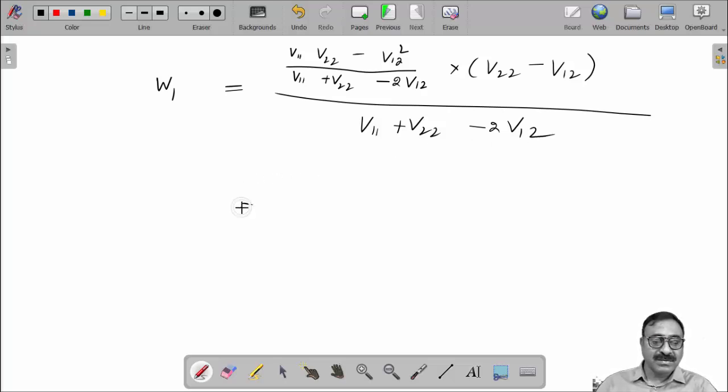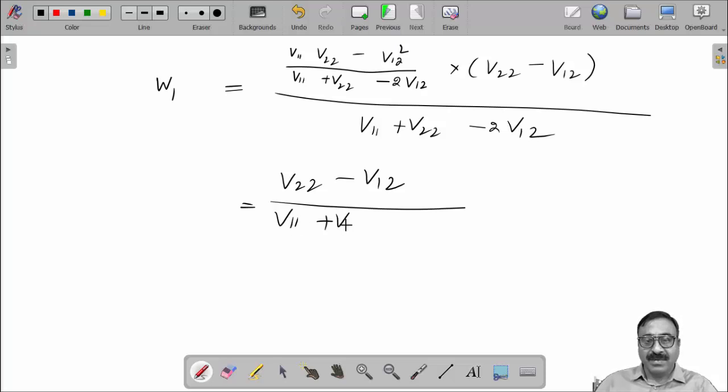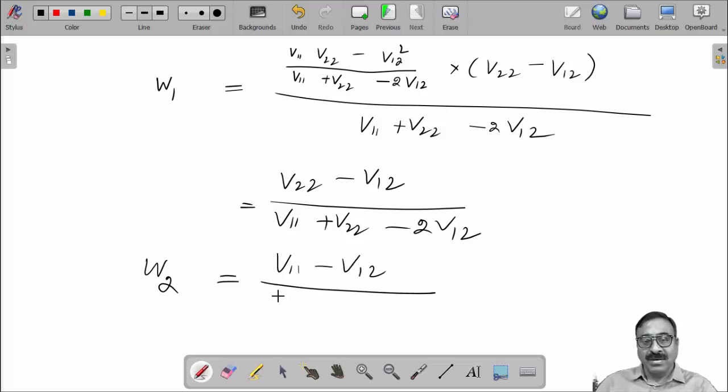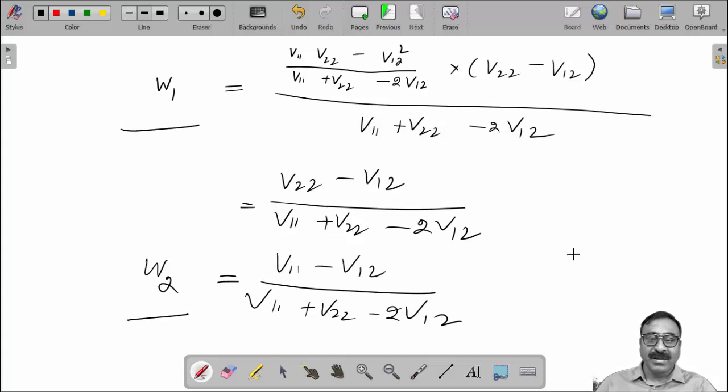So that is equal to V22 minus V12 by V11 plus V22 minus 2V12. Similarly, W2 is equal to V11 minus V12 divided by V11 plus V22 minus 2V12. So by putting these values of W1 and W2, we can get the minimum variance of the bivariate ratio estimator.